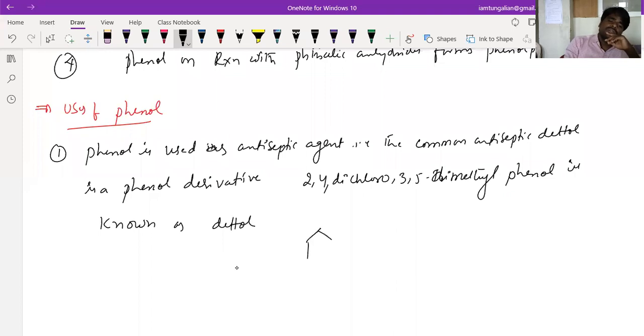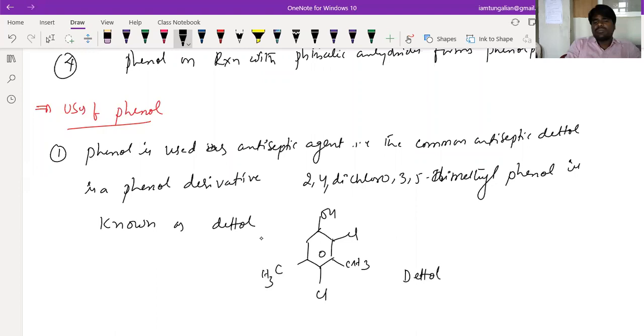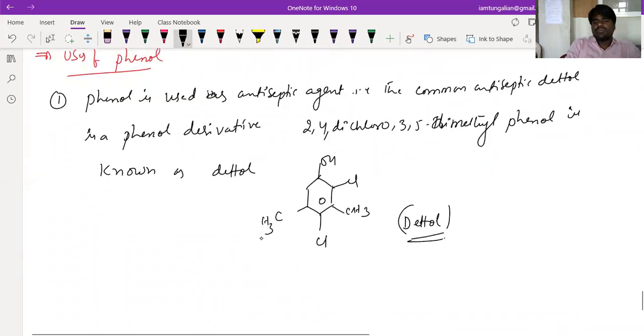What is this? This is your phenol, beta. At the second and fourth position, chlorine groups will be there. At the third and fifth position, methyl groups will be there. This is commonly used as Dettol, beta, which you are very familiar with. How is this Dettol used? Dettol is used as an antiseptic agent.